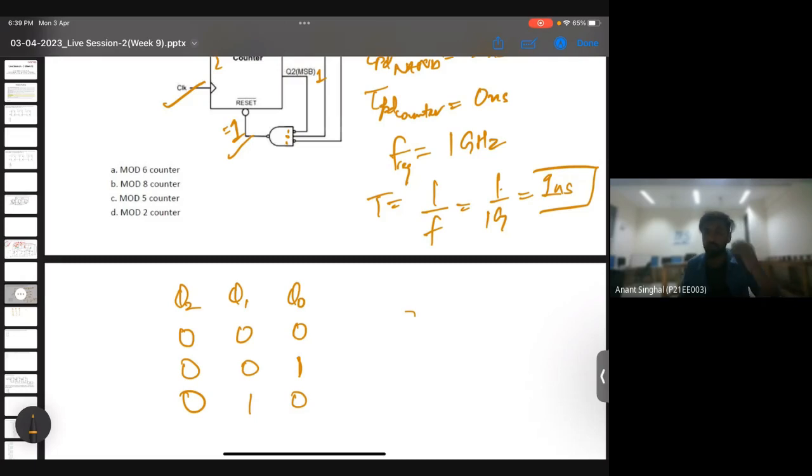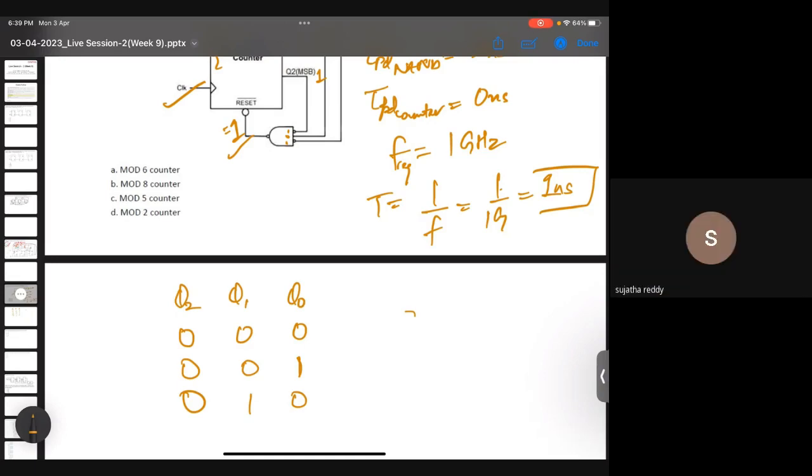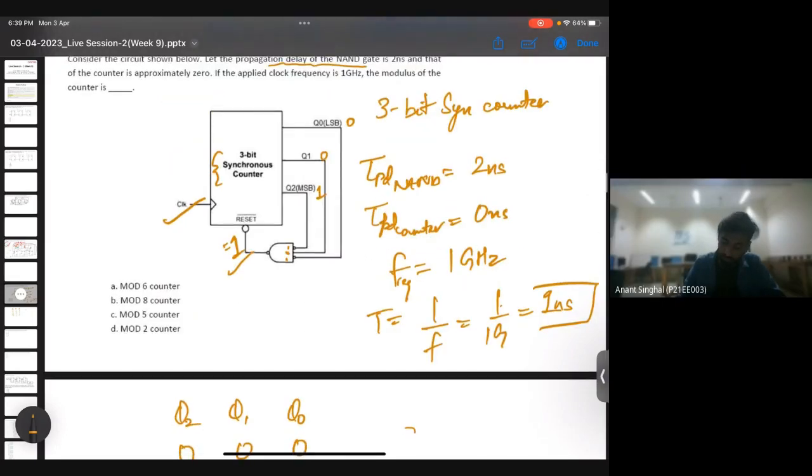Is it clear, everyone? Please repeat it once, sir. Sure. I have started with an initial state of 0 0 0. We have an additional requirement of the clock. When this will be 1, only then the flip flop will go to the next state, the next up state. So this is basically an up counter.